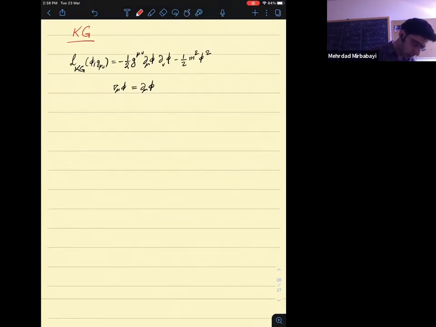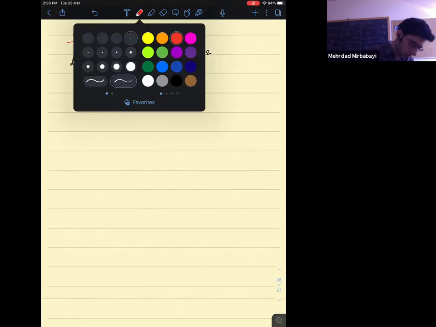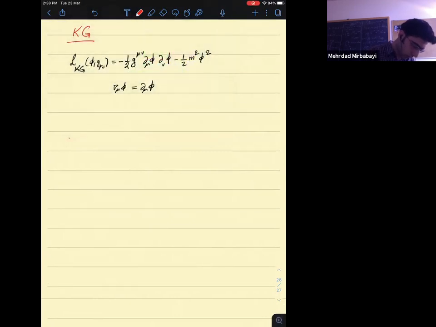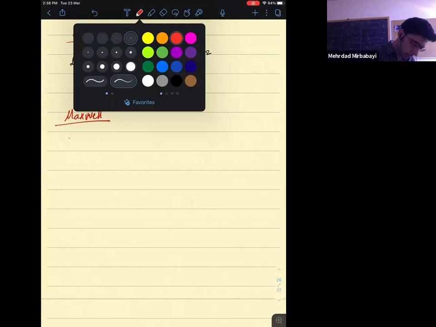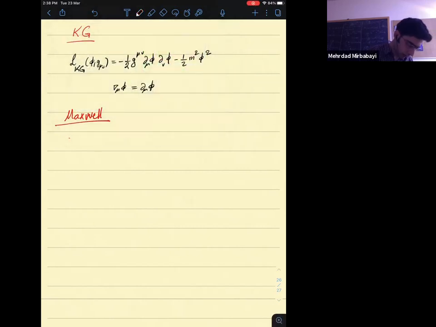So if now we consider Maxwell theory, then we have L of Maxwell is equal to minus 1/4 G mu nu G alpha beta F mu alpha F nu beta.